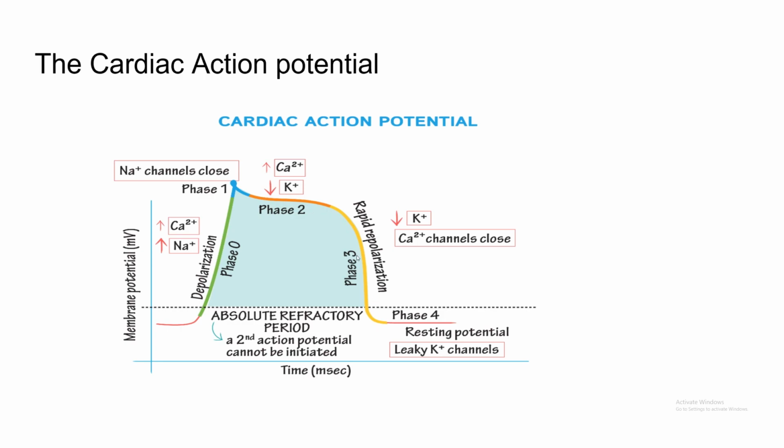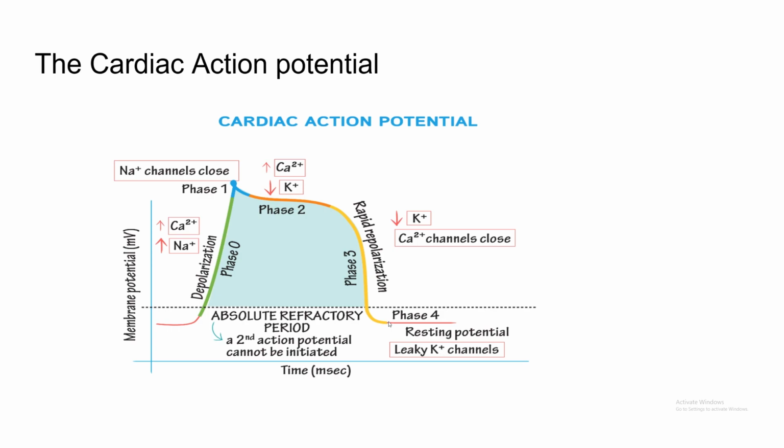And then you get phase 3. Those calcium channels are going to close up, and potassium's still going to be shooting out. This is when the cell starts repolarizing, or becoming more negative, because it's just positively charged ions leaving the cell. Less positivity, more negativity. This is going to keep happening until the cell becomes actually below its resting membrane potential.